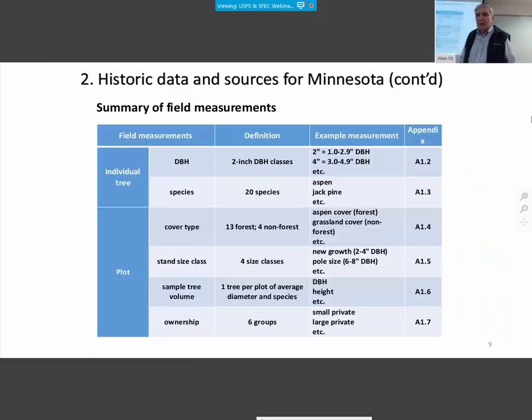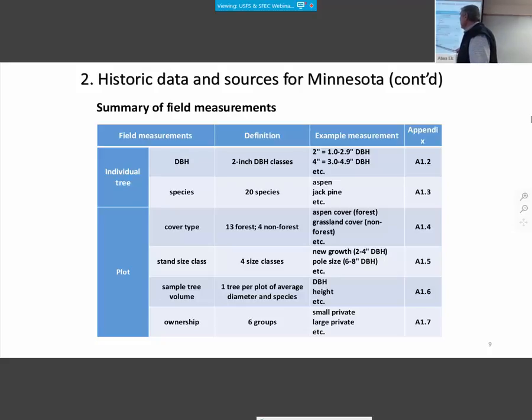If you had to summarize it, we had individual tree data and plot data, but again summarized at this big book and survey unit level and then summarized across the state. And you can see they were measuring trees down to an inch in size, and with 4 stand size classes, basically saplings, poles, saw timber, and really large stuff, 4 size classes.